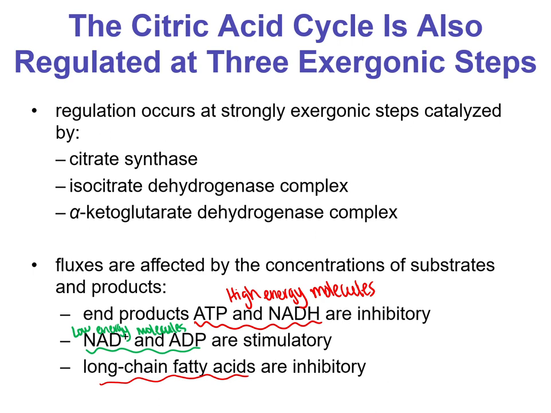You can break them down to get energy, but this indicates high levels of acetyl-CoA, which again serves to inhibit.